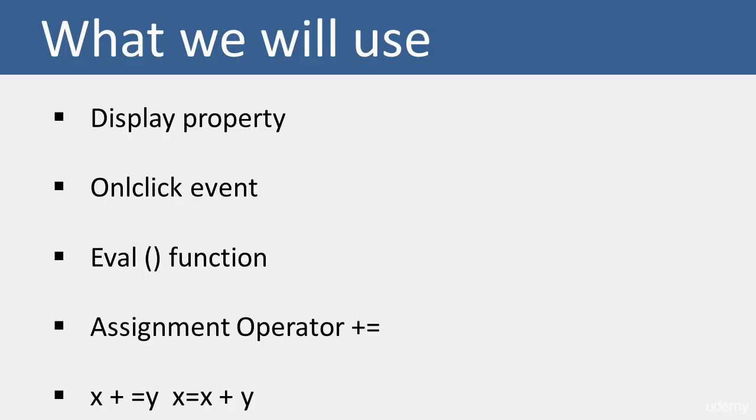For example, if you have a variable called x equals 10, then x plus equals 5 will give you the result of that variable. So the plus equals operator is the same thing as x equals x plus y. I hope it makes sense. If it doesn't, let me know. I will try and explain a bit more.